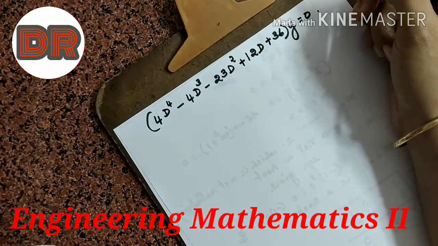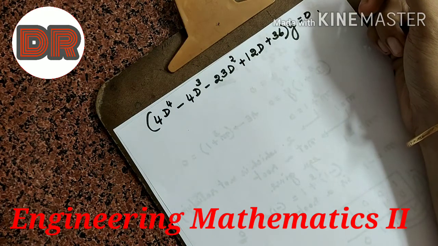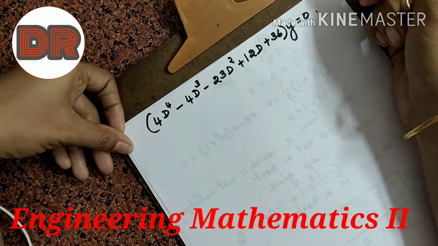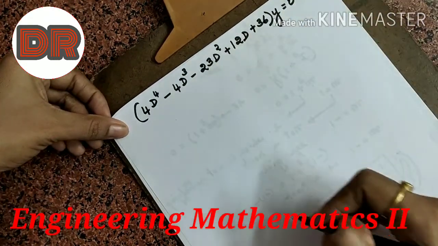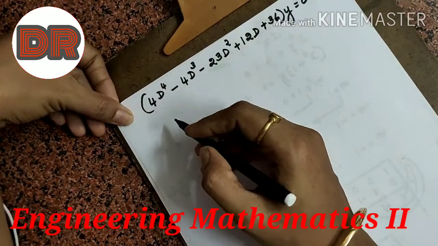All these numericals I have taken from Dr. KSC Engineering Mathematics 2 textbook. So you can refer to the solution there also. I will be doing a few more numericals from exercise 2. So let's see that later. So we'll see a few worked out problems. So this is a differential equation.